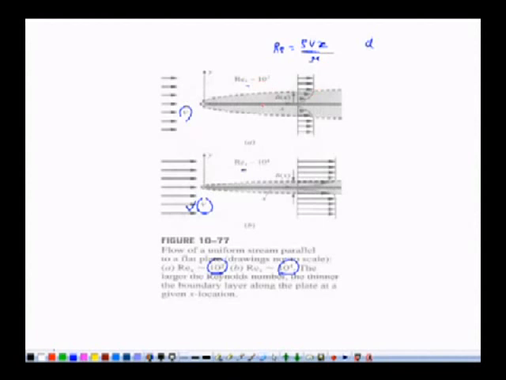When Reynolds number is less, the boundary layer thickness is more, and when the Reynolds number is more, then boundary layer thickness is less. So when we have a less Reynolds number, the boundary layer thickness is more. If boundary layer thickness is more, then what will happen to du over dy?